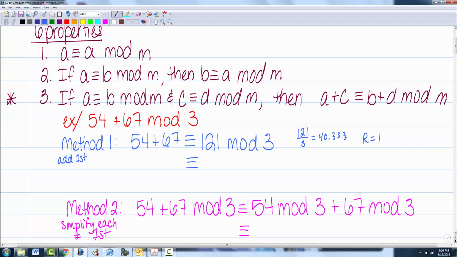So when you're doing this modular arithmetic, I like to call this reducing it at the end to the smallest possible number that has the same remainder as, in this case, 121. Remember what we did before? What's 1 plus 2? 3 plus 1. Oh, so is this divisible by 3?